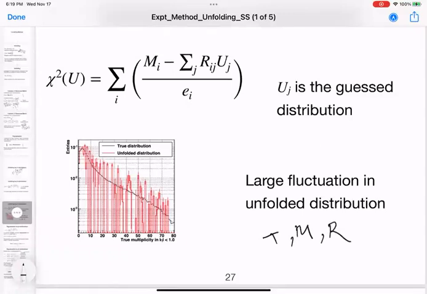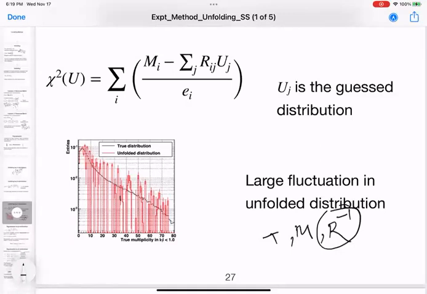Then you can simply apply the inverse of the response matrix on this measured distribution. What you get is called the unfolded distribution. And you see that this unfolded distribution has very large oscillations, as shown here by these red lines. Okay, so this is what I'm talking about.